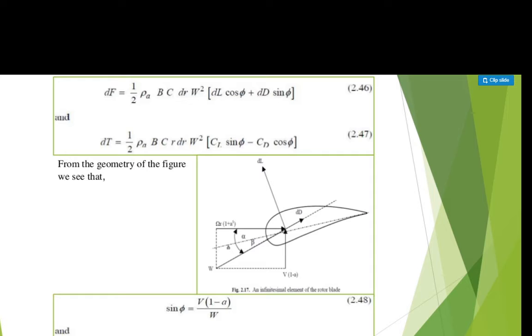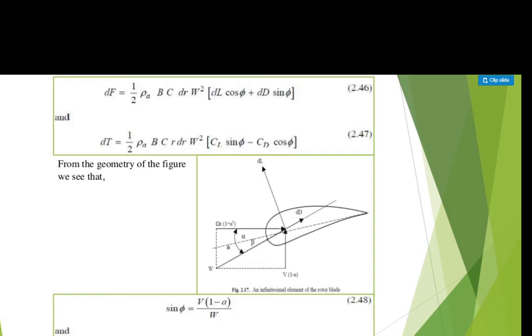On the geometry of the figure, here is an infinitesimal element of the rotor blade with dD and dL. This is the drag force, and the other one is the lift force. Alpha and beta are the angles.